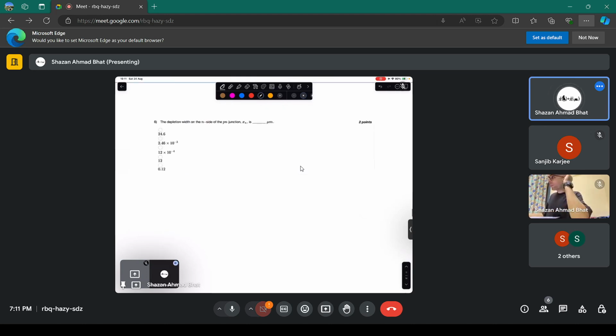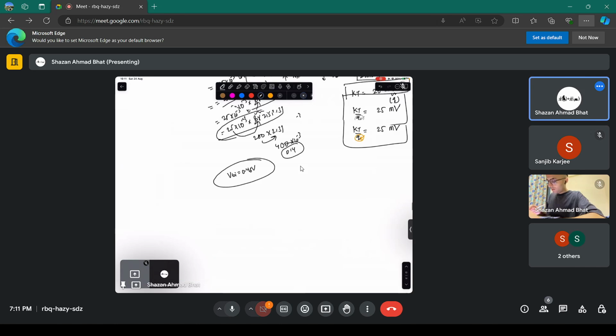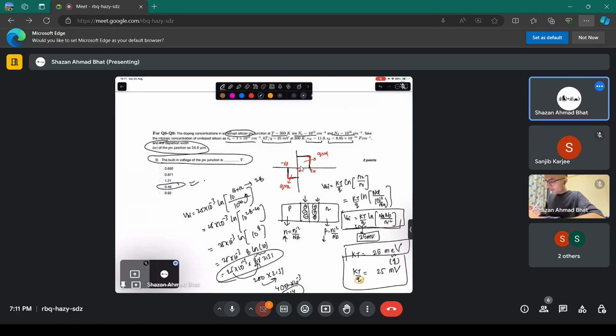What's the other question? The other question is the depletion width on the N side of the PN junction. Now, from this particular problem, note that here this profile I have not drawn to scale as per the question, because actually ND is much greater than NA in this question. So it should look like this, and this should be lower than this point.